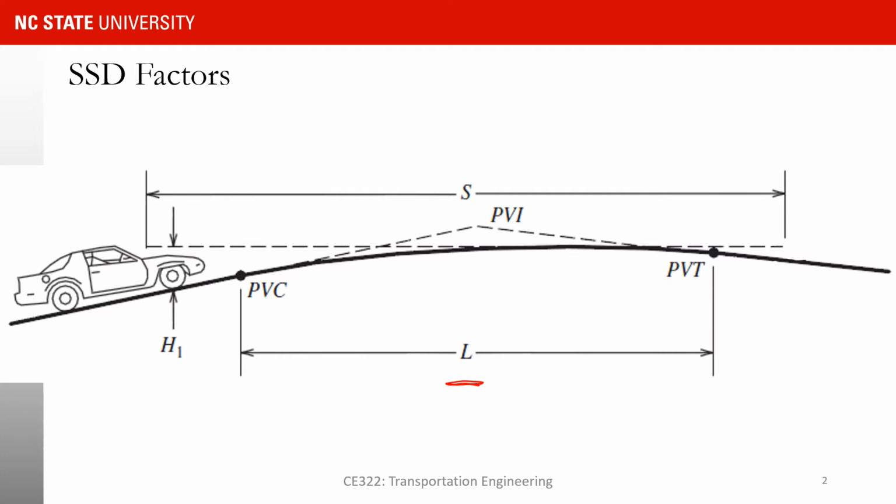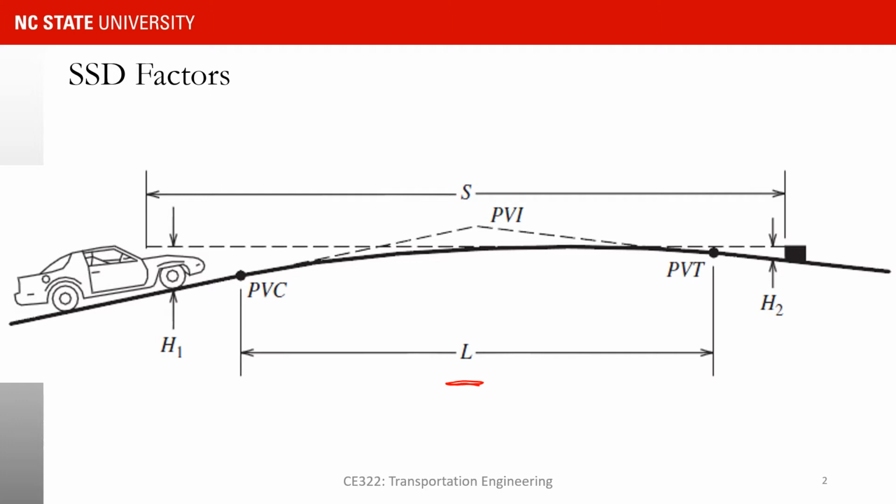We have an object on the right-hand side, and the distance between the two on the horizontal plane is S. So we want this distance to be more than the distance that is required for the driver to make the decision, and also to reduce the speed of the car from whatever the initial speed is to 0.